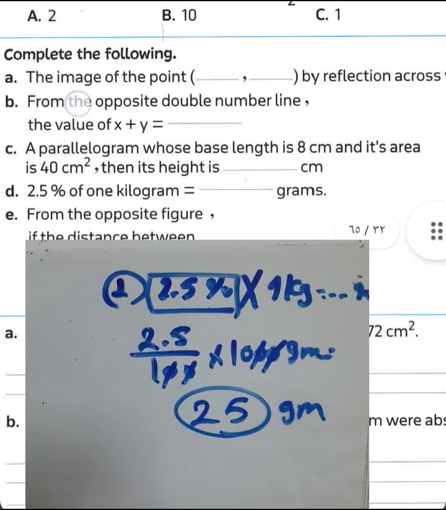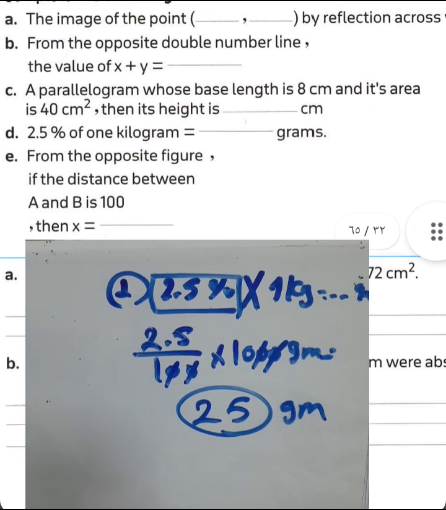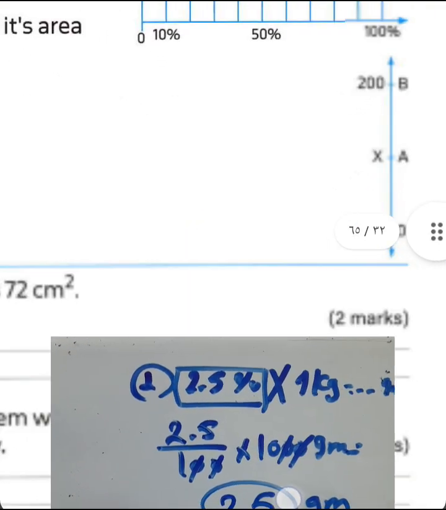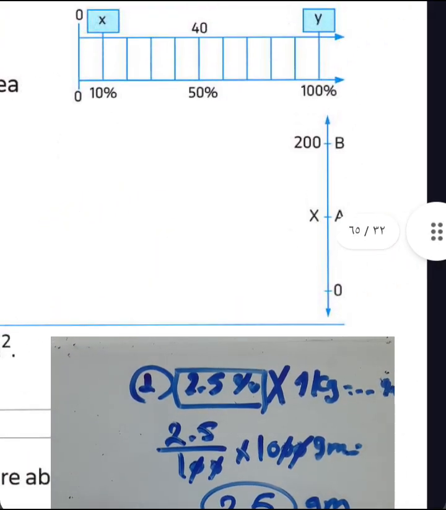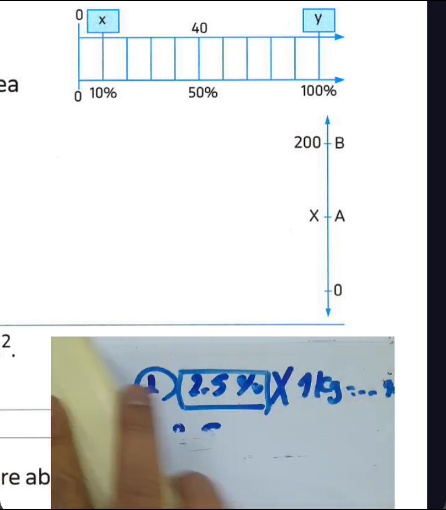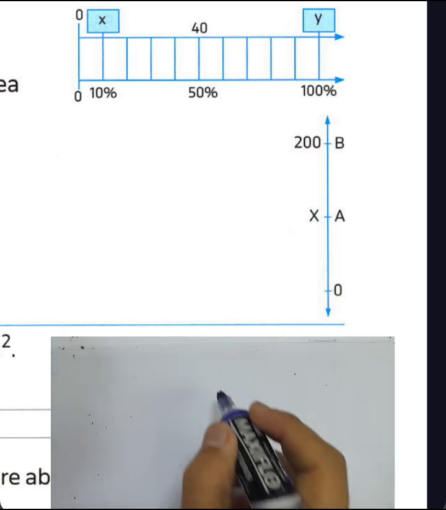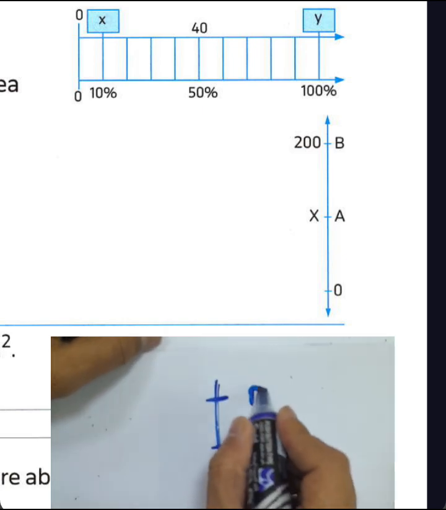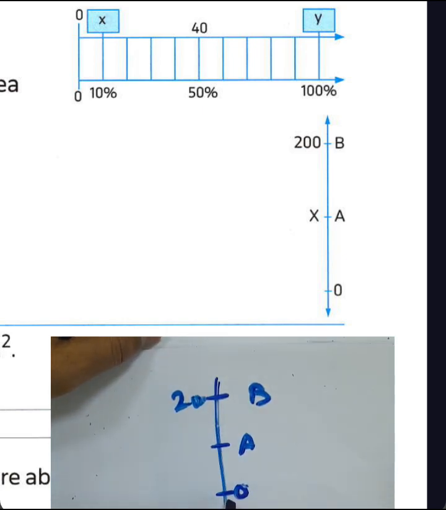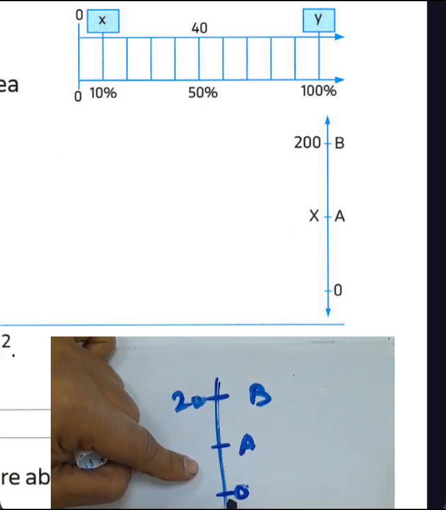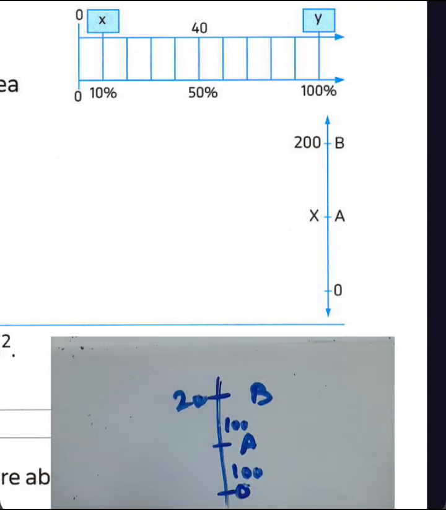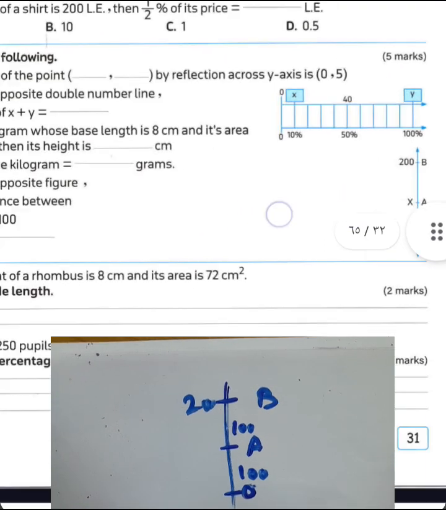Next question, letter E. From the opposite figure, if the distance between A and B is 100, then the value of x equals what? We have 0, A, B, we have 200, and the distance between x and E was 100, then the distance here will be 100, okay?